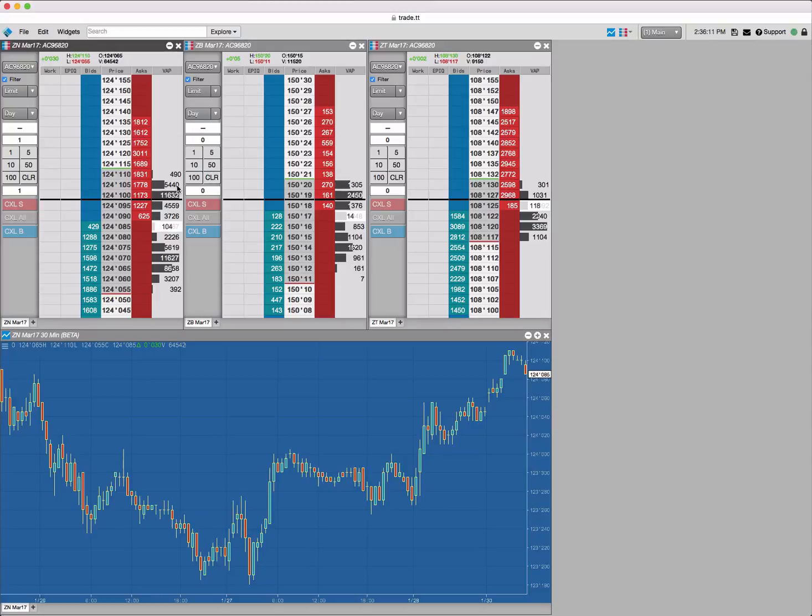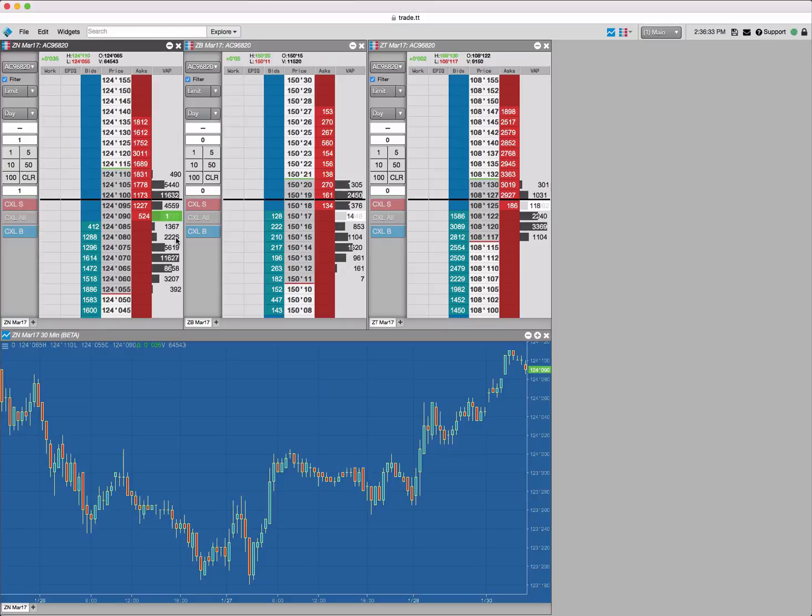So for people trying to enter trades up here, it's kind of a no man's land. It's likely that price isn't actually going to get up there, and if it does, it's probably going to break through these highs anyway.